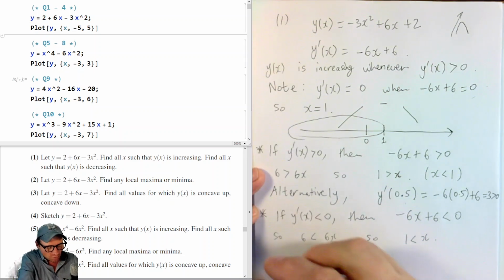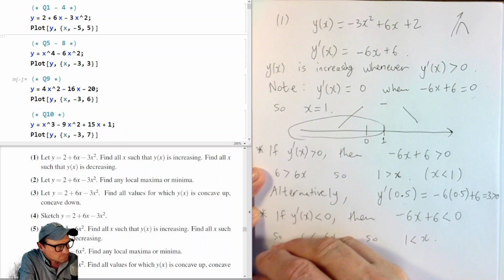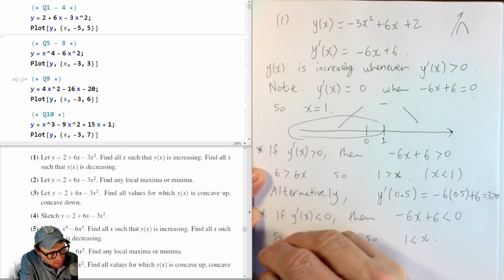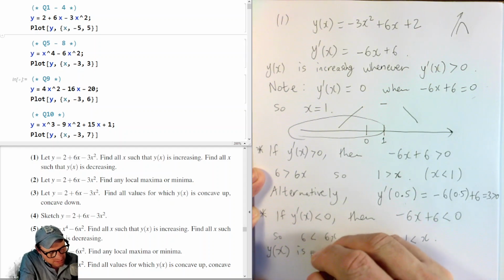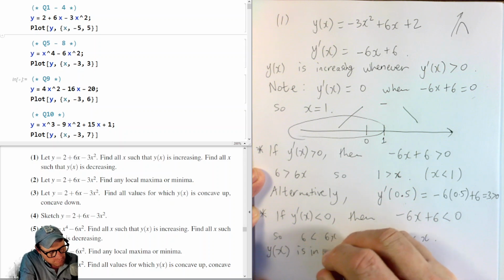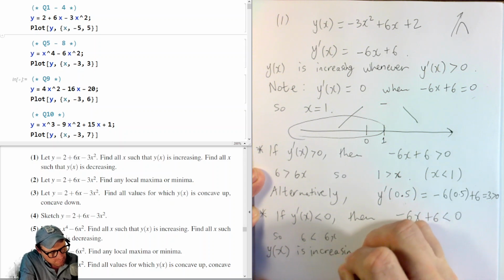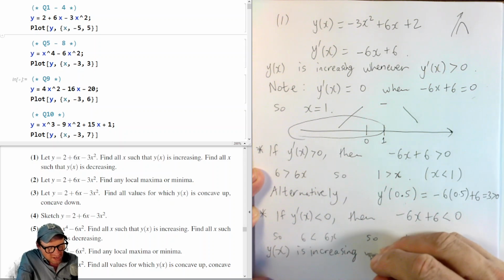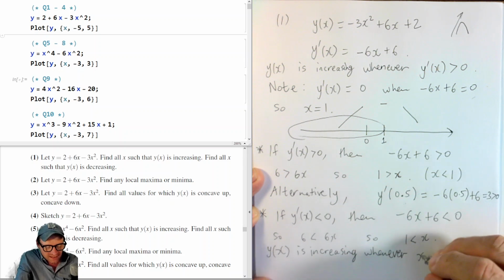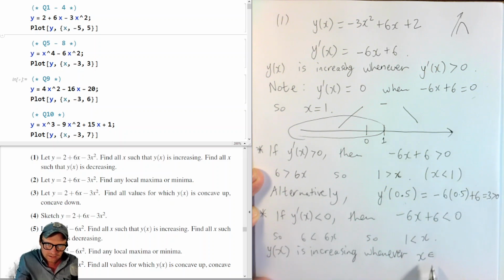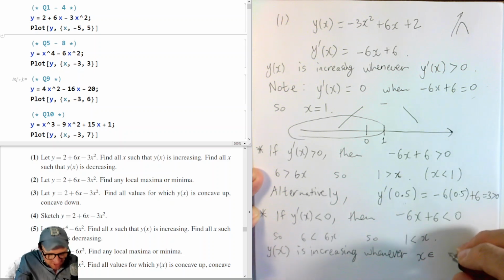So formally I will write out: y of x is increasing whenever x is an element of, x is in, this means is in or is an element of, the interval.